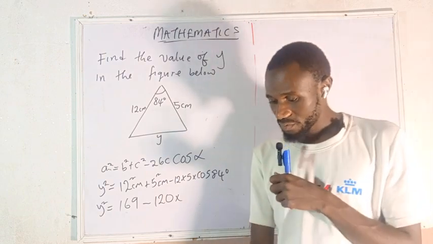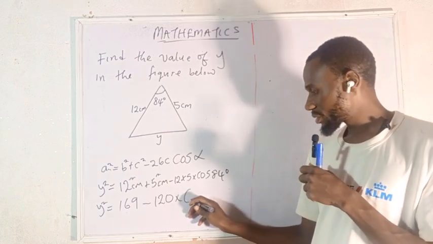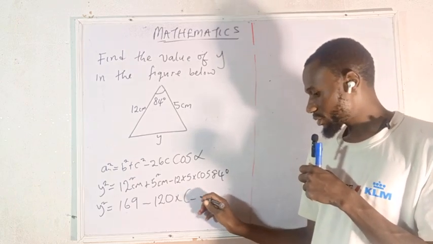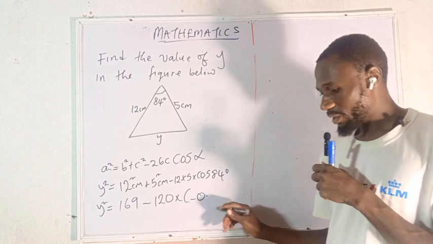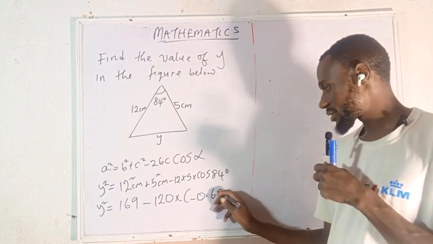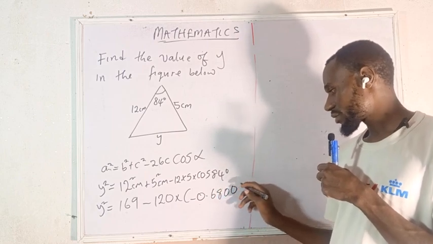What is cos 84? If you press cos 84, you get 0.6800.